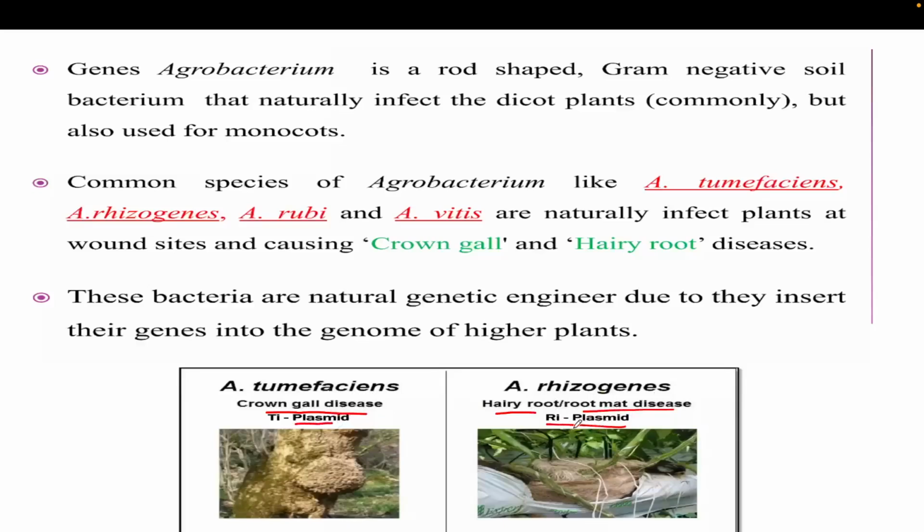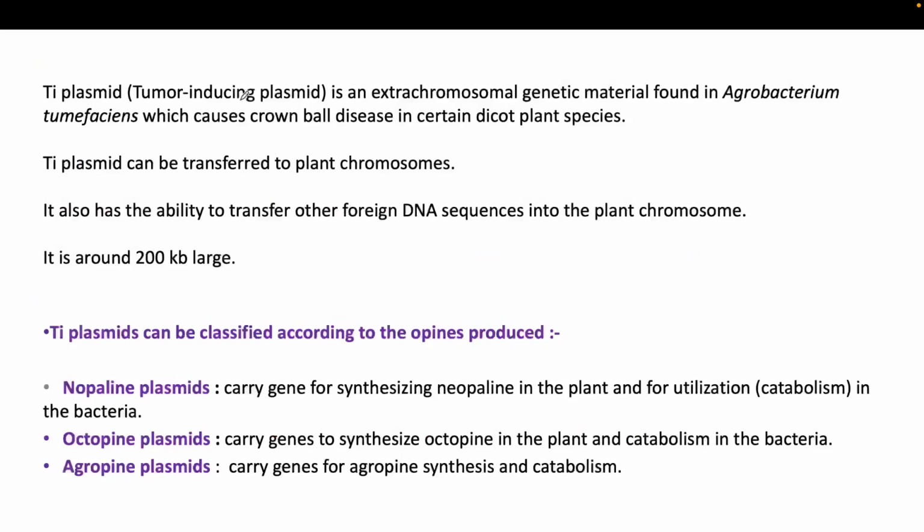The Ti plasmid is a tumor inducing plasmid, an extrachromosomal genetic material found in Agrobacterium tumefaciens, and it causes crown gall disease in certain dicot plant species. The Ti plasmid can be transferred to the plant chromosome because it has certain sequences or genes responsible for the transfer of a particular segment of DNA into the plant cell.